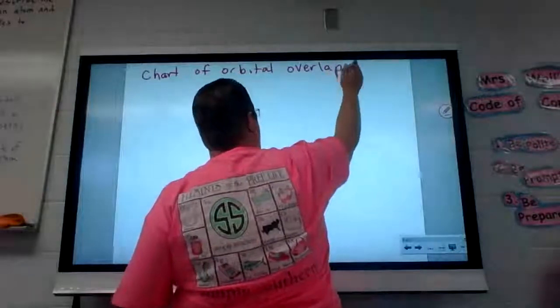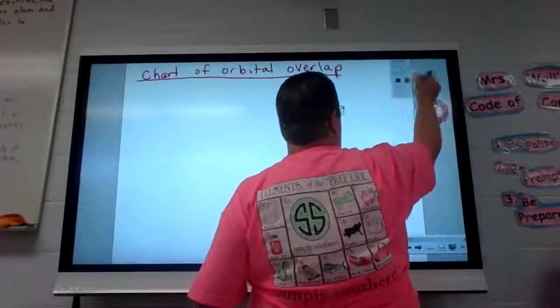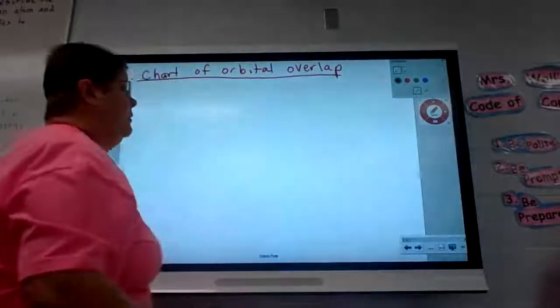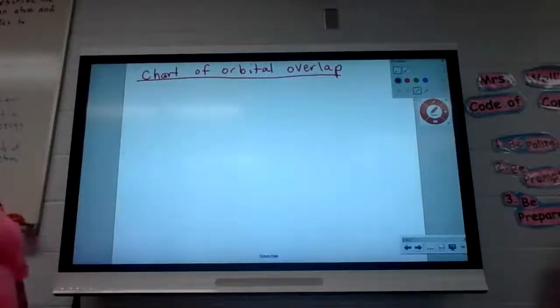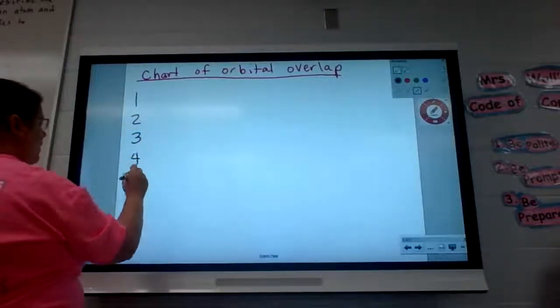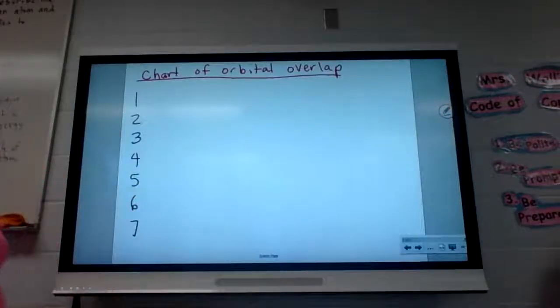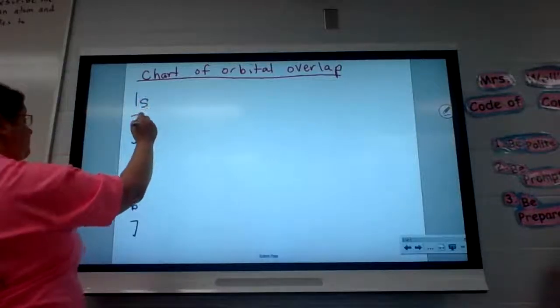Now, it's not hard to draw the chart. If you can count from 1 to 7, you can draw the chart. It works best on lined notebook paper. So you're going to number 1, 2, 3, 4, 5, 6, 7. Beside 1 through 7, what is the first sublevel? So you're going to put S's beside all of them.